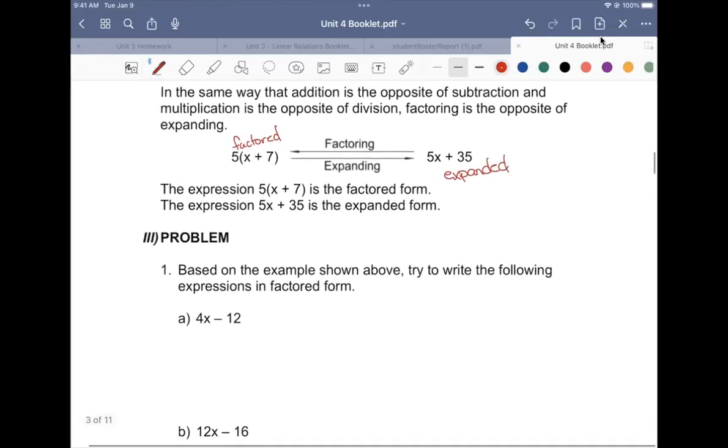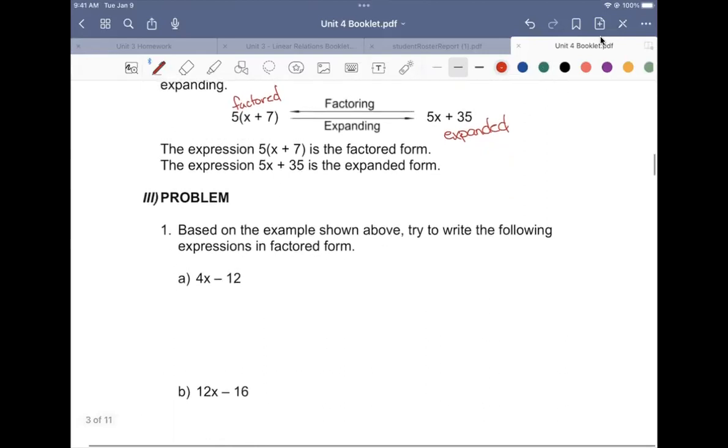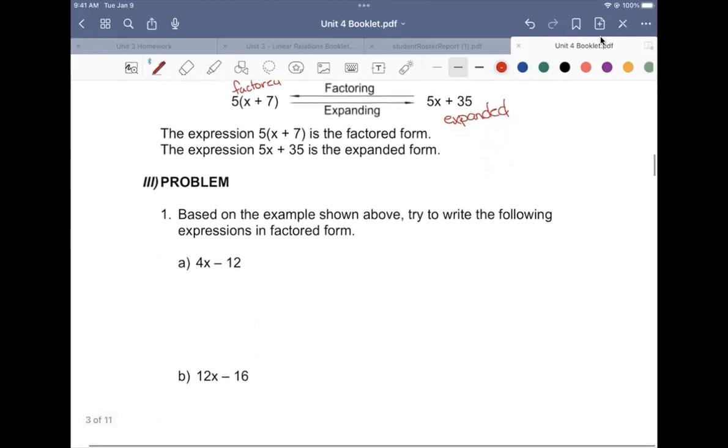So when we are doing this, we are going to start off with an example where we are given an expanded form and we want to put it into factored form. So we want to look at what is a common multiple of the two.